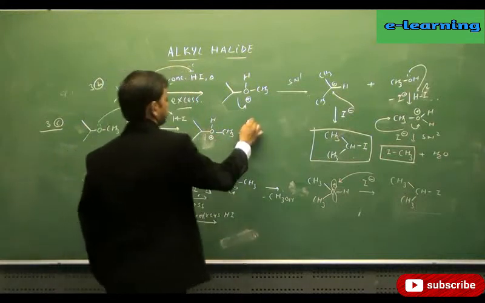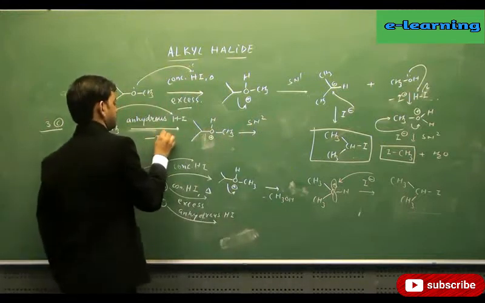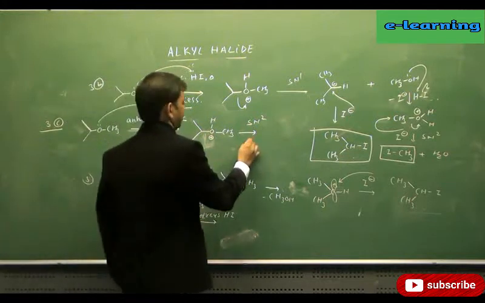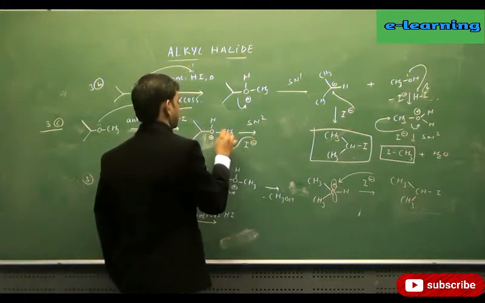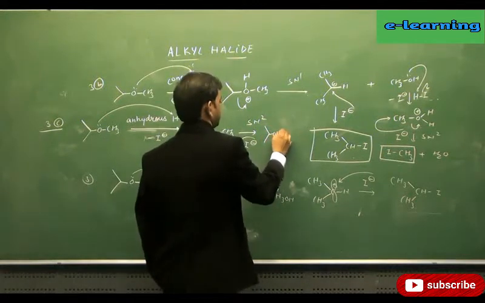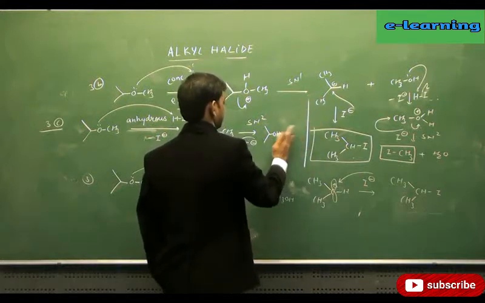In case of anhydrous it is SN2. This iodide attacks the less sterically hindered carbon, and we obtain the product as CH3I.